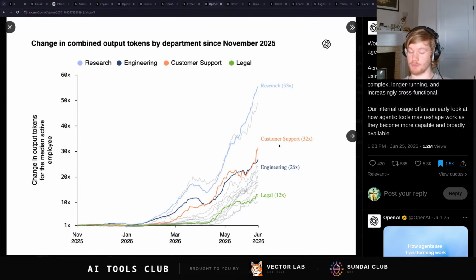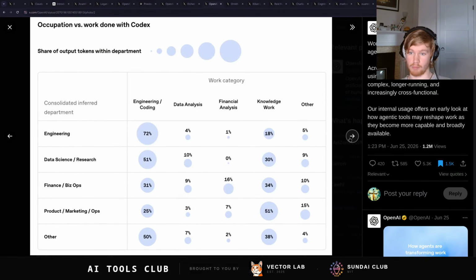We've definitely seen a revolution starting around January with Opus, I believe 4.6, and GPT 5.4, a big increase in capabilities and usability. But it's the other fields outside of that that have been interesting. Customer support and legal are both seeing double-digit increases in output token use. So they're definitely harnessing it much more and much better.